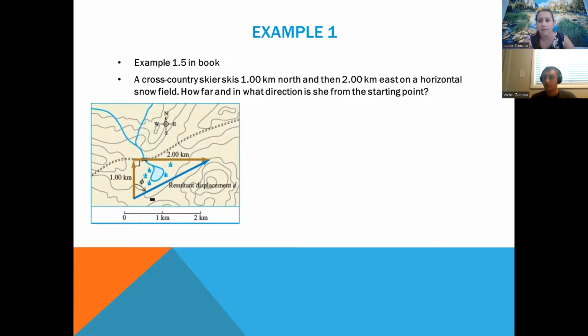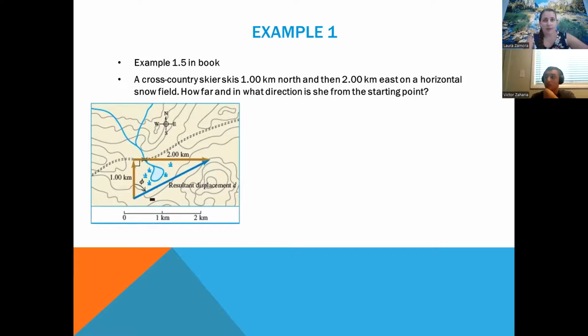Not velocities, not forces, just distances, but in particular directions. So those are displacements. Okay, and we are looking for how far and in what direction she is from the starting point. So since we're looking for a magnitude, how far, and a direction, that means we're looking for a vector as well. So that would be our resultant displacement.